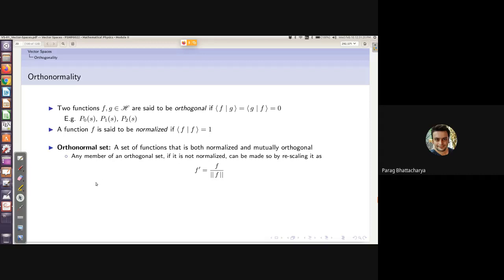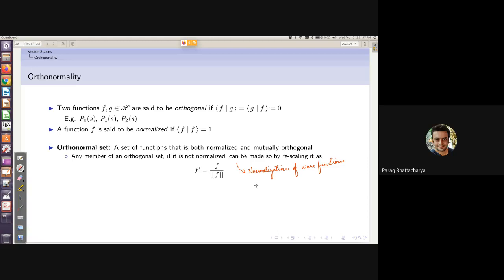Does this seem familiar? Remember this? Normalization of wave functions, remember or not?